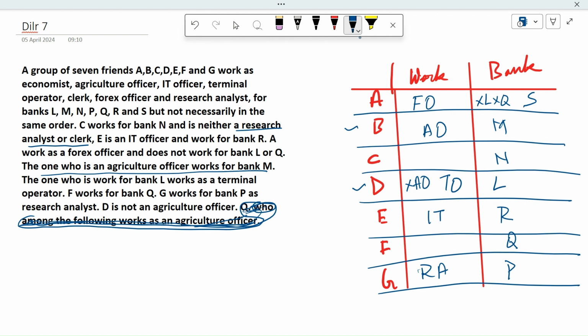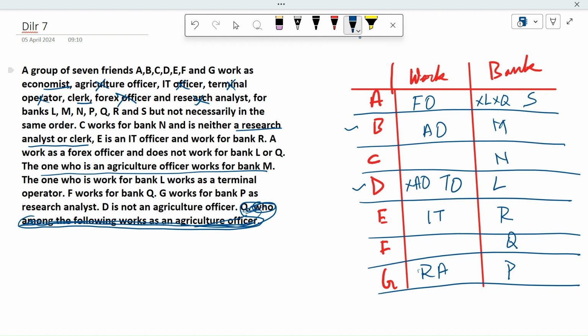There are two positions left, for C and F. So the work positions: agriculture officer done, IT done, terminal operator done, clerk not done, forex officer done, research analyst done. So economist and clerk are left.